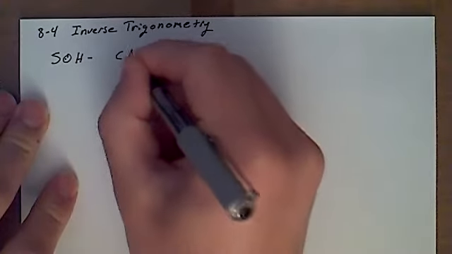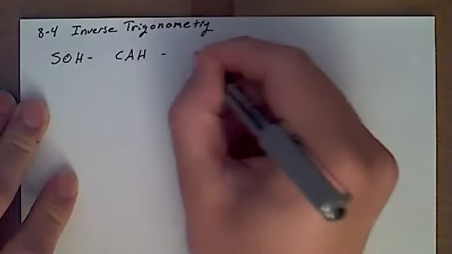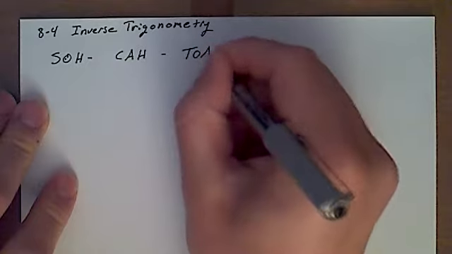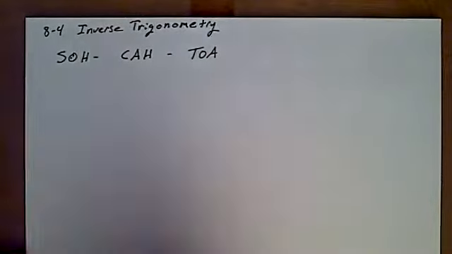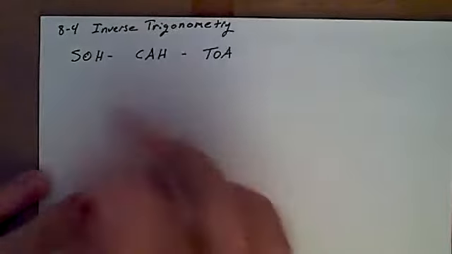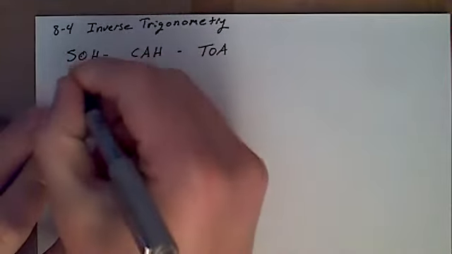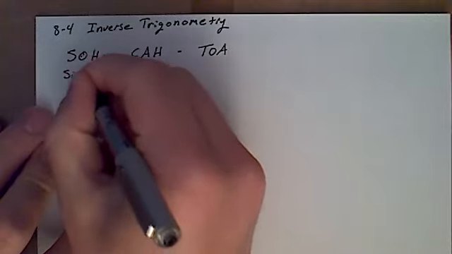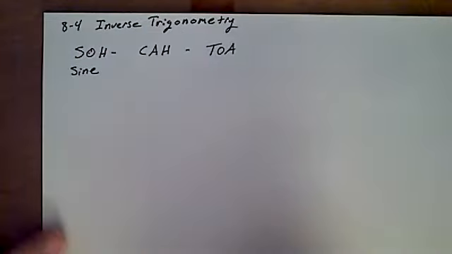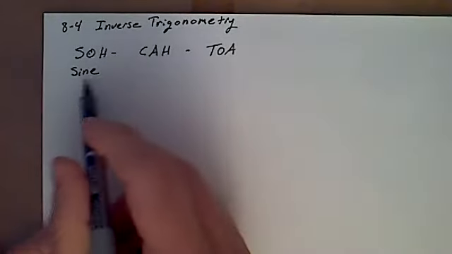And there's a mnemonic device that if you don't know already, you need to. So it is SOHCAHTOA. The SOH, S-O-H, deals with the sine function, right? It is spelled S-I-N-E.